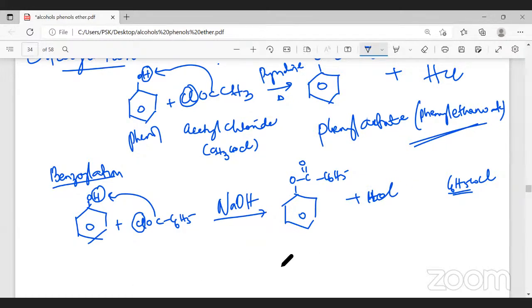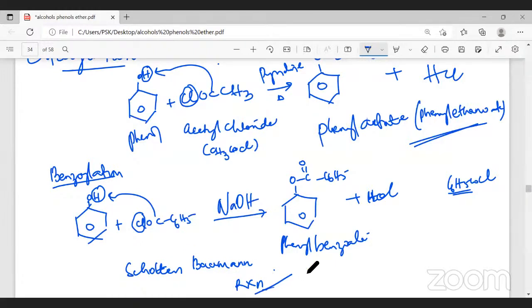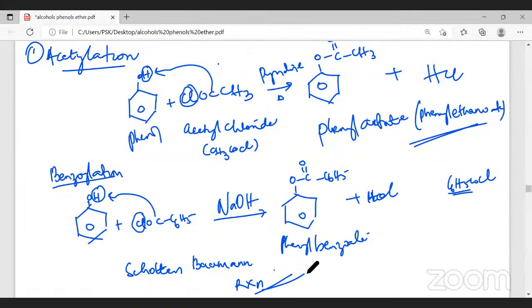This is called phenyl benzoate. This reaction, benzoylation, also has a specific name, the Schotten-Baumann reaction.